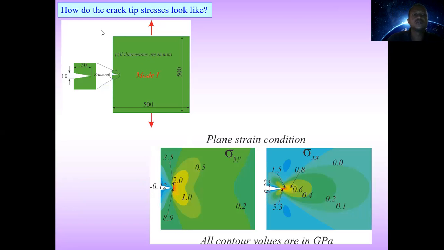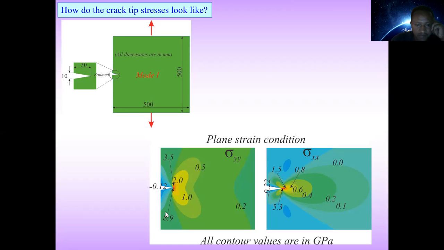Now, how do the crack tip stresses look? This is the cracked area, and around here there is a crack tip, shown at 30 millimeter by 10 millimeter size, zoomed out. We can see the plane strain condition.